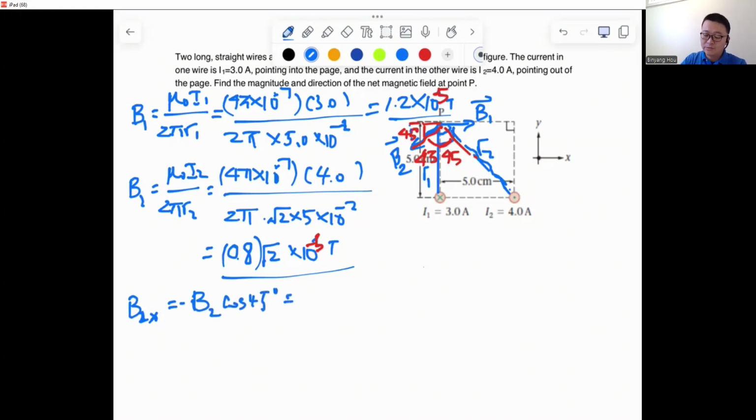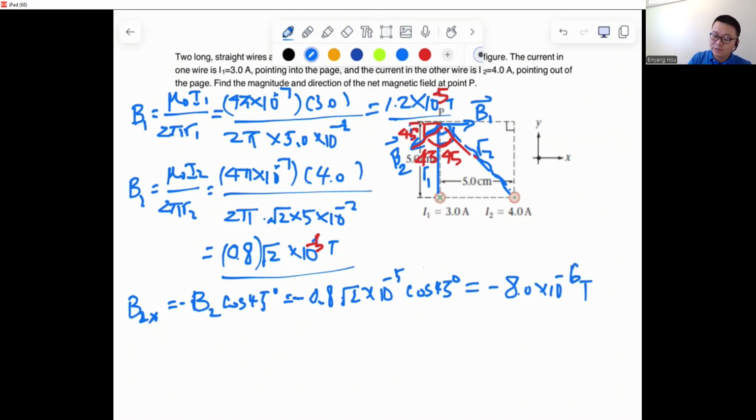So you basically do 0.8 times square root 2 times 10 to the minus 5 times cosine of 45 degrees. That's the x direction, and there's a negative sign in front. So this will give you minus 8.0 times 10 to the minus 6 Tesla in the x direction.